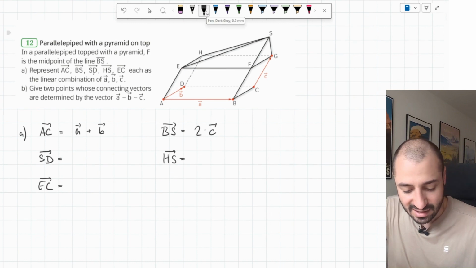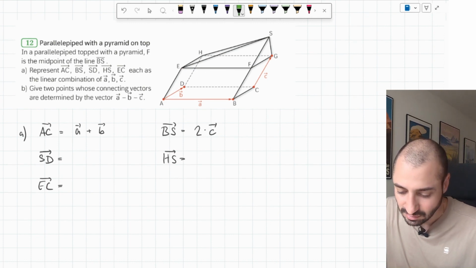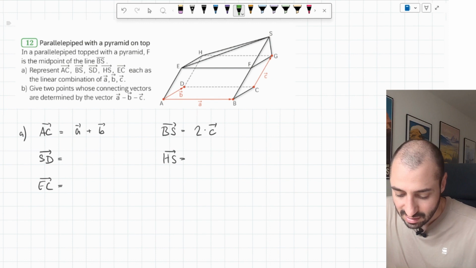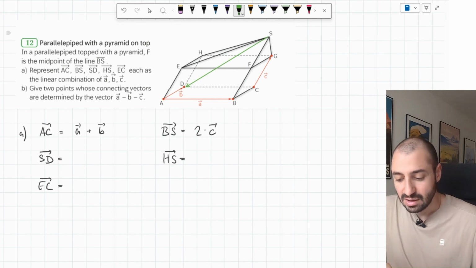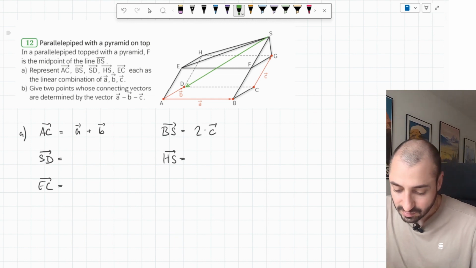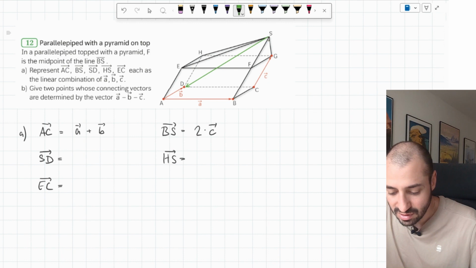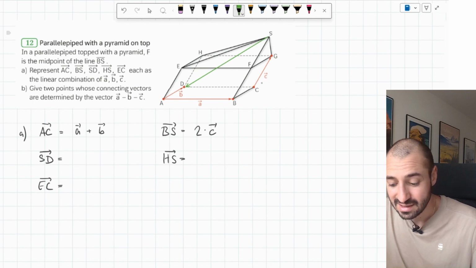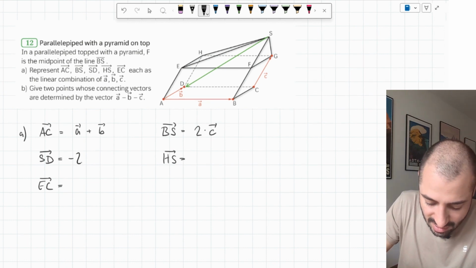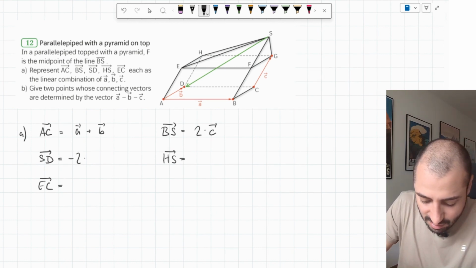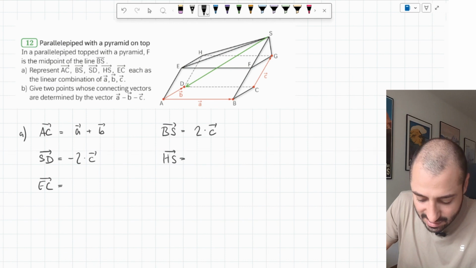So let's look at the vector SD. That would be this vector here. How do we get that? So we need to go down first here from S. We can do this by using twice the opposite vector of C. So 2 times or minus 2C.